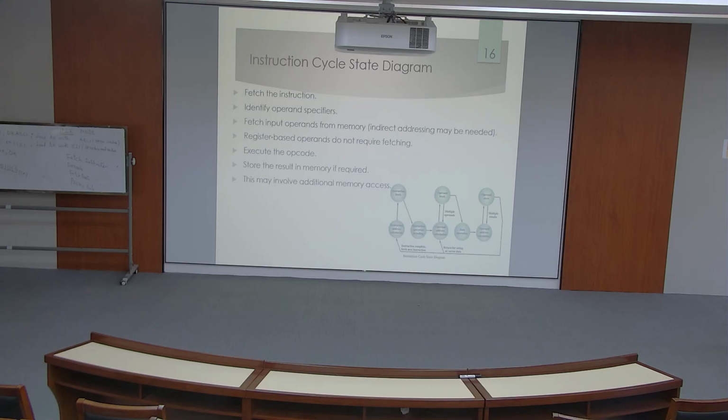Now, the instruction cycle state diagram. Fetch the instruction from the memory. Once the instruction has been fetched from the memory, we need to identify the operands. So first identify the operands once the instruction fetch has been done. Fetch input operands from the memory.